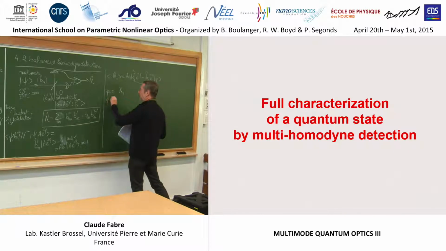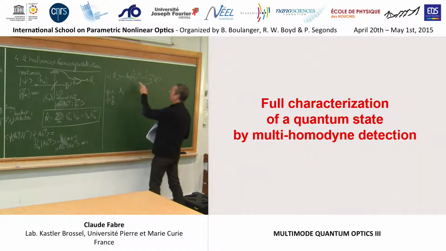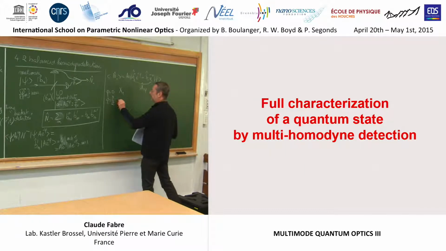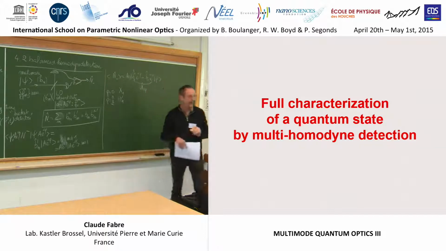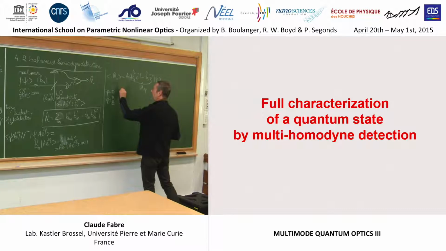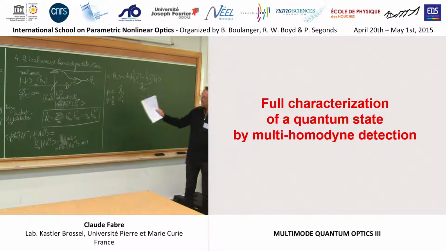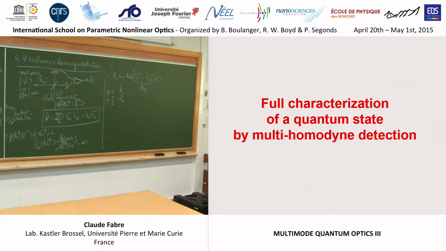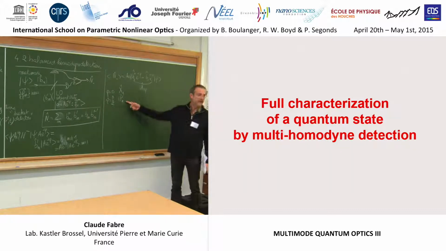And phi equals pi over 2, I have i times b dagger minus b, it's what I call y1, okay? The quadrature operators. So the homodyne detection allows us first to measure the quadrature operators, the ones which are very important and which do not commute, so they have a lot of quantum effects associated with that.